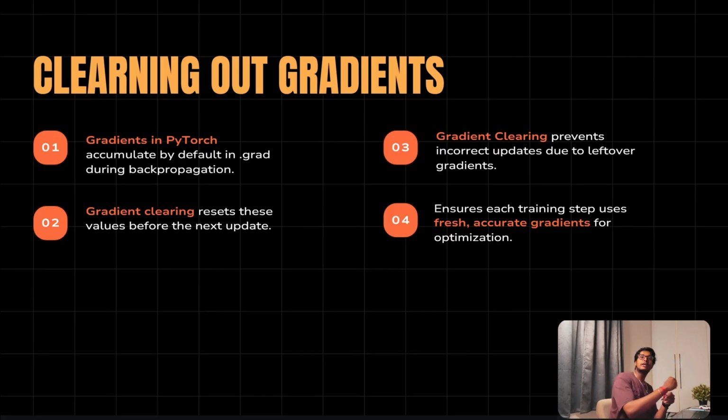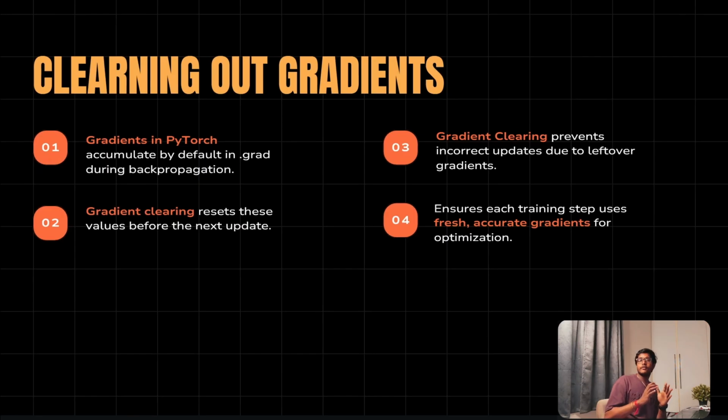That's why we have to clear these gradients before the next update. Instead, we reset their values to 0, which ensures that every new training step starts with fresh gradients, which are an accurate representation, so that our model learns correctly and the training is stable.